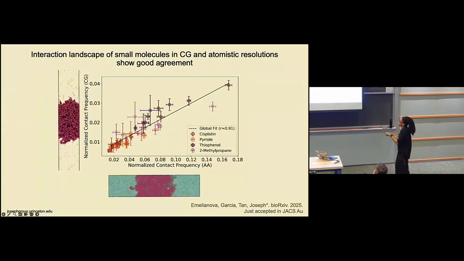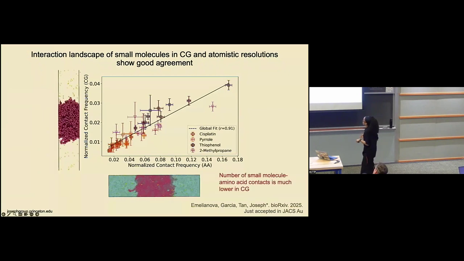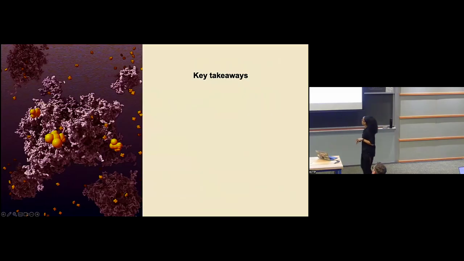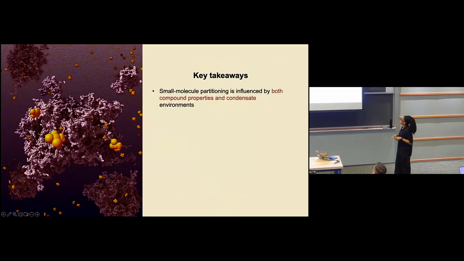We see good agreement there, but as you can see, these frequencies are much lower in the coarse-grained simulations than in the atomistic simulations, and we think that is because we have really smoothened out the landscape, and so the specific interactions that you get in the atomistic simulations, we lose when we go to this level.